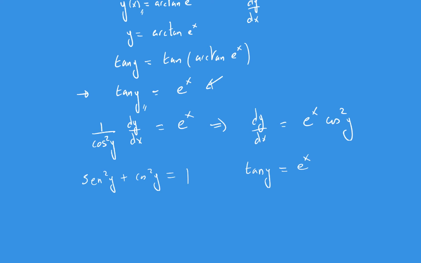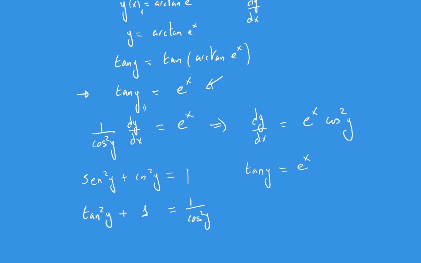Okay, let's divide by cosine square of y. Dividing by cosine square of y will make appear tangent square of y. Dividing by cosine square of y will make appear 1. And dividing 1 by cosine square of y will make appear 1 over cosine square of y.